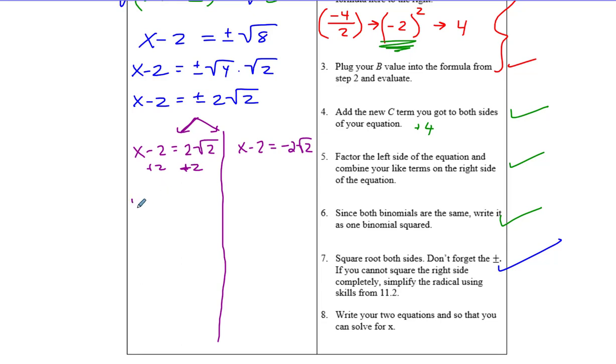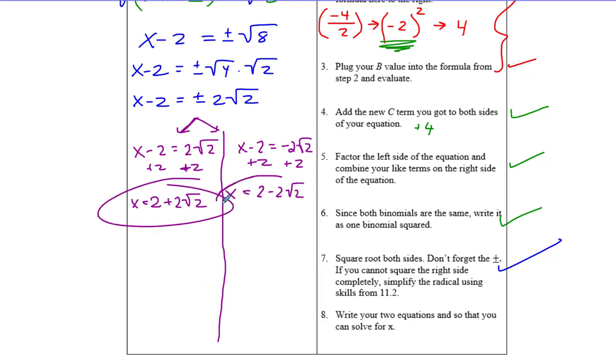So this will simply be x is equal to a positive 2 plus 2 rad 2. And then on this side you add the 2, and you will have x is equal to a positive 2 minus the 2 rad 2. Those are your two solutions, boom and boom.